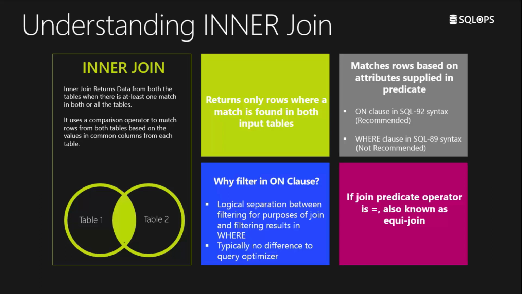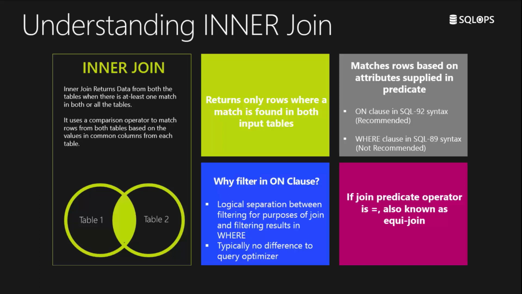In the previous lesson, we learned that an inner join begins as a Cartesian product and then filters the results to remove any rows that don't match the predicate in the on clause in the SQL 92 syntax, or the where clause in the SQL 82 syntax.